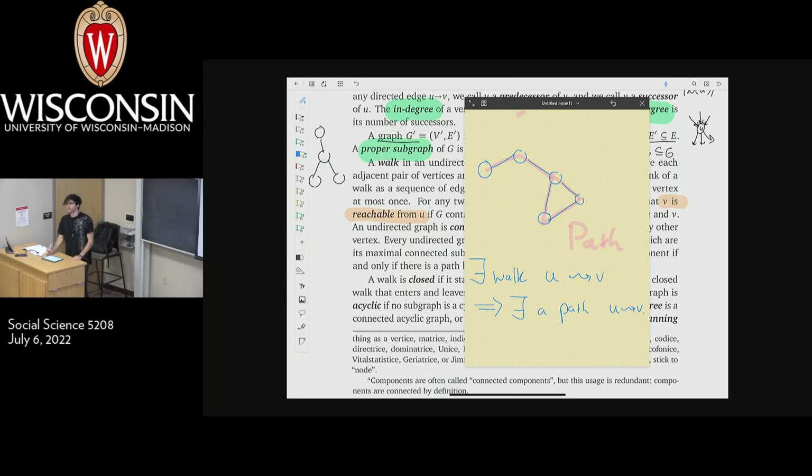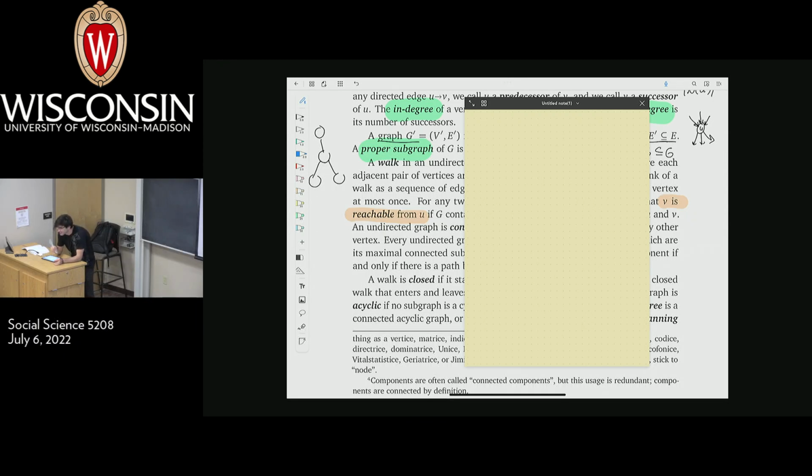Does everyone see why that is? I'll take that as a no. So if you haven't seen this before, this is a classic proof by induction.